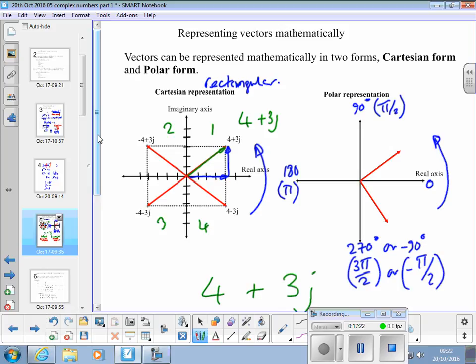Usually as engineers, we work with angles up to positive 180, and angles this way up to a negative 180, rather than dealing with the angles all the way to 360 degrees.